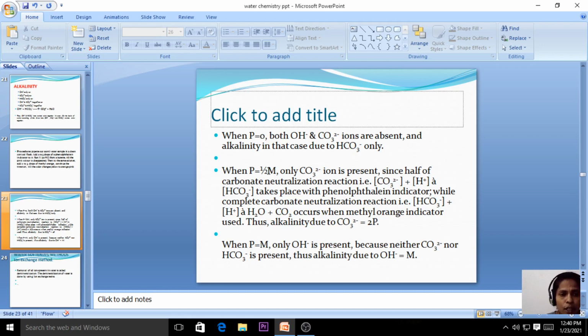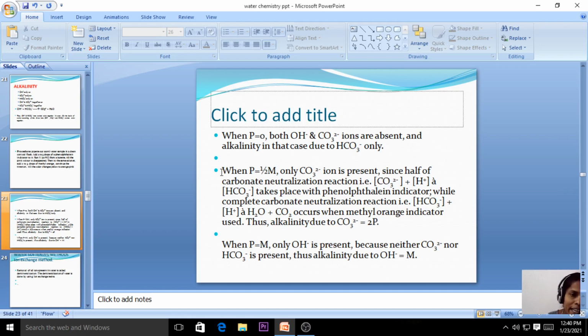If P is equal to half M, what is P indicating? OH minus plus half carbonate. But what is the methyl orange endpoint indicating? OH minus completely, carbonate completely, bicarbonate completely. But what I am saying is the phenolphthalein endpoint is equal to half of the methyl orange endpoint.